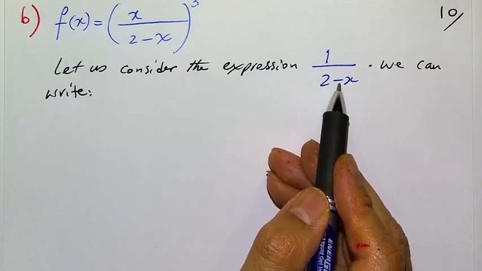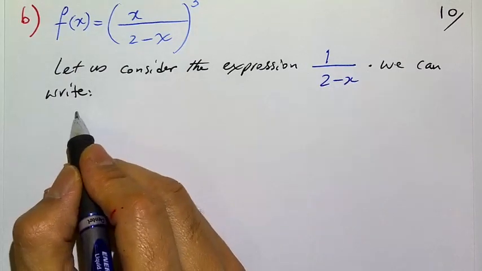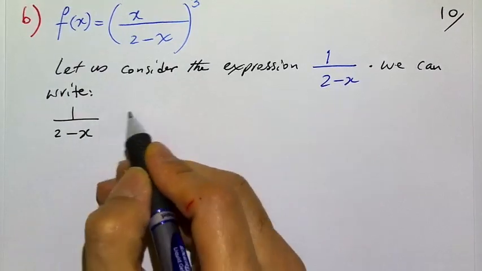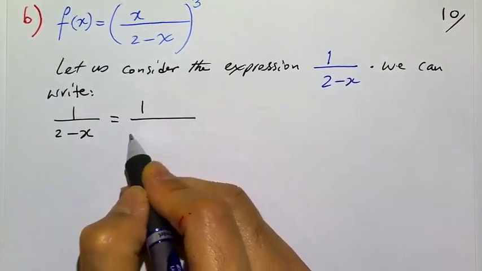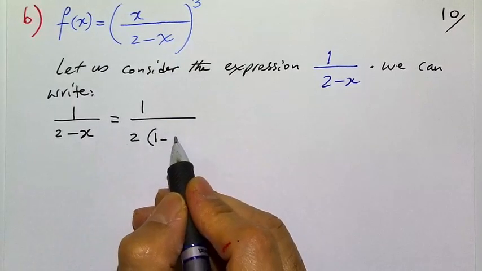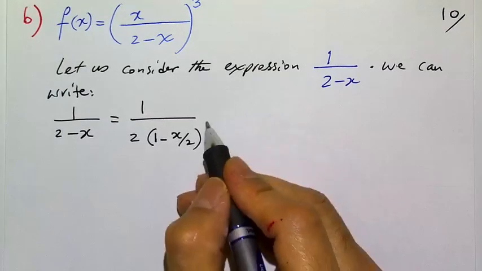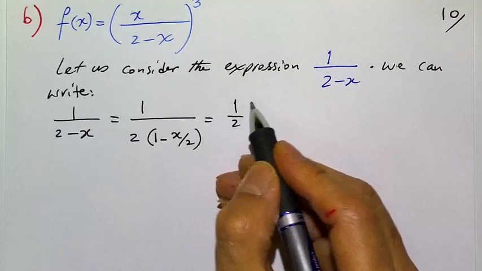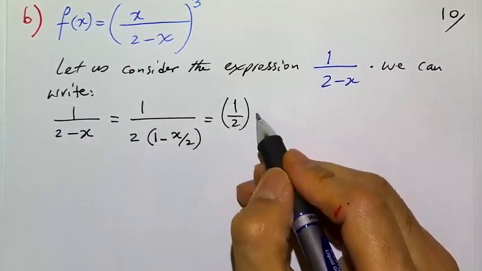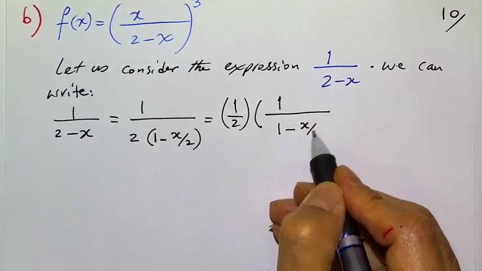The minus is good, the x is good, but we need to have a 1 in that corner, as the first term in the denominator. So we need to factor that. So 1 over 2 times 1, and then that would be minus x over 2 there. Okay, so what do we have? We have 1 over 2, factoring that out, times 1 over 1 minus x over 2.